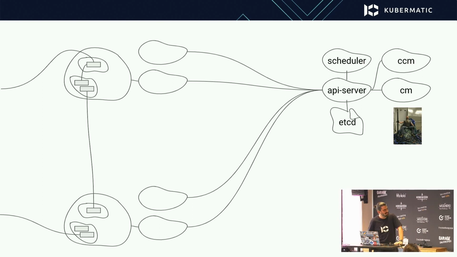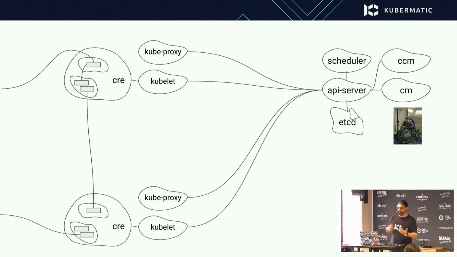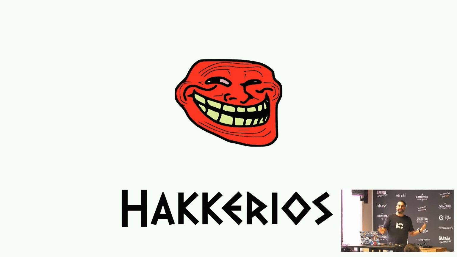So these are the parts on King's Landing, and kubelet, kubeproxy, and container runtime agent are the ones in the suburbs. And as in any other story, we have the villain. He is called Hakarios.